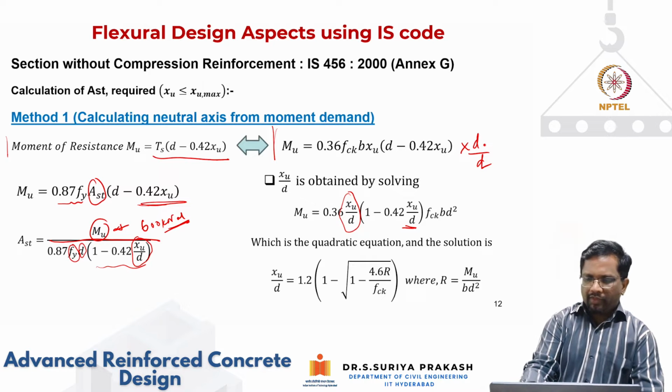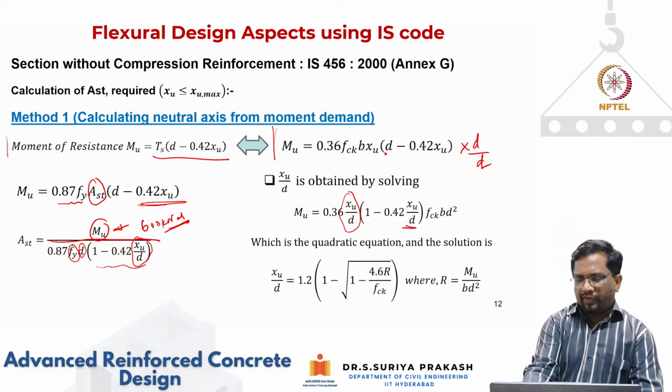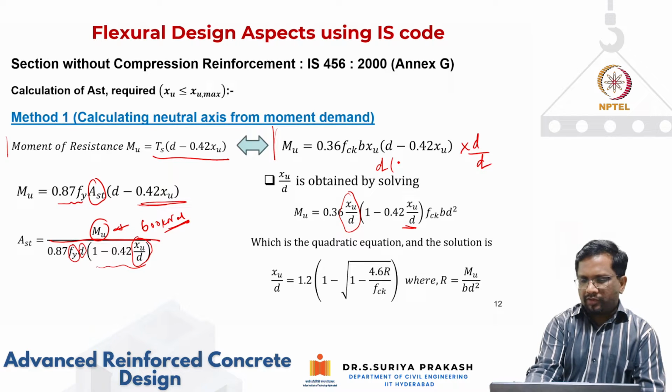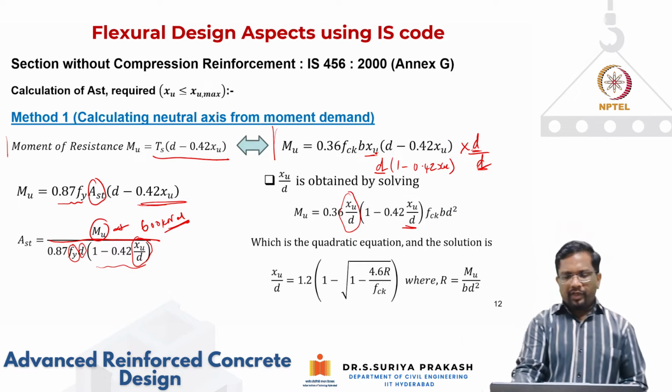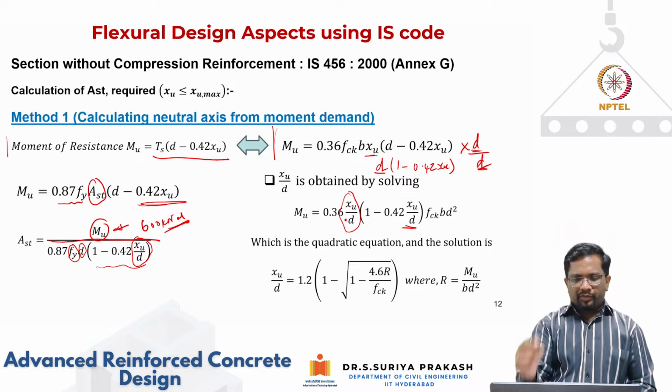Because when I multiply and divide by d, I'm not changing anything, right? So if I take this d also out, it's going to be 1 minus 0.42 Xu by d. You see here, this d multiplied by d will give d square, then this d will become part of Xu by d. So I can simplify Mu in terms of this Xu by d like this.